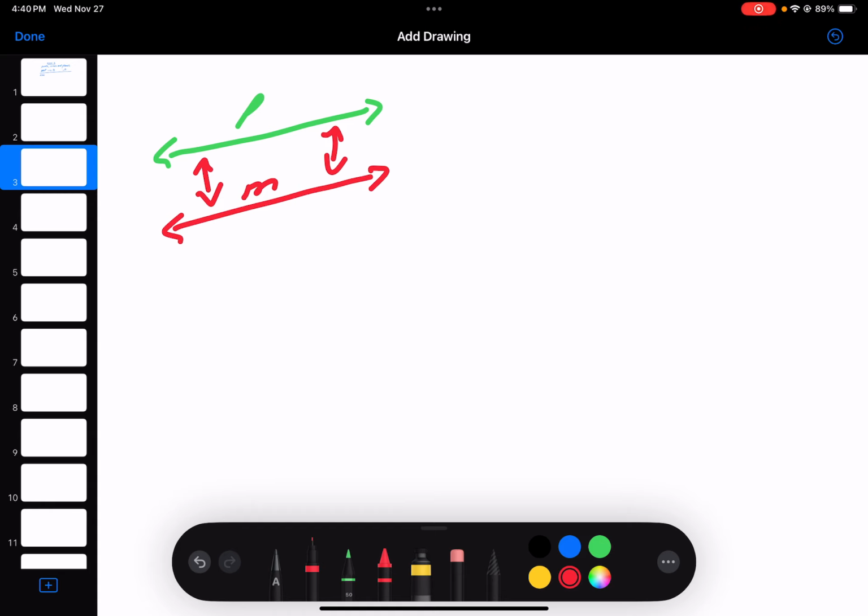And to write that L is parallel to M, we would write L parallel to M. Okay.